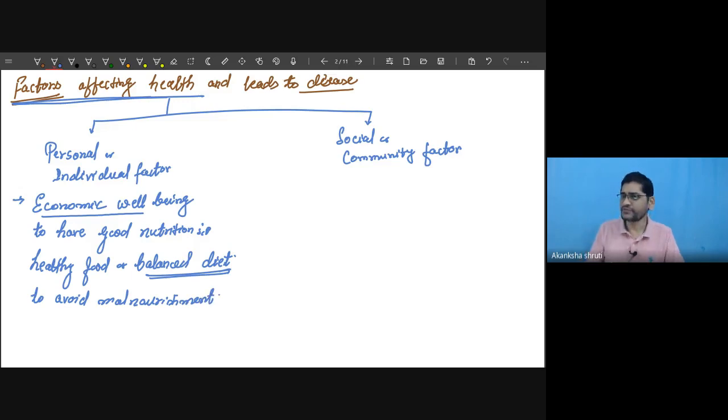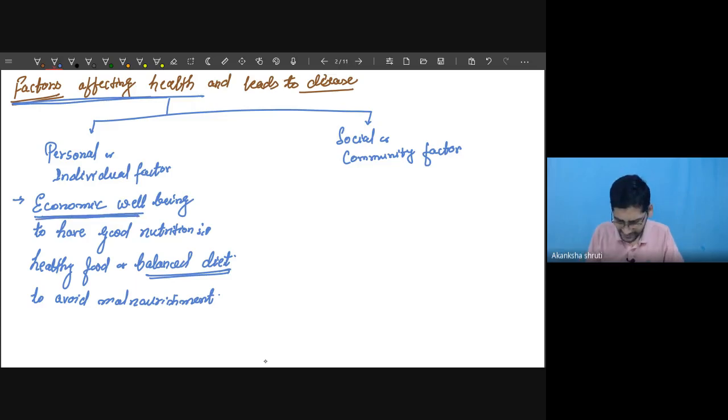Malnourishment means that because of the food, the person looks lean and thin. That condition should be avoided, because with no sufficient energy in the body, it leads to poor functioning of the organs, and ultimately poor functioning of one or more organs leads to what? Disease. So economic well-being is very important.